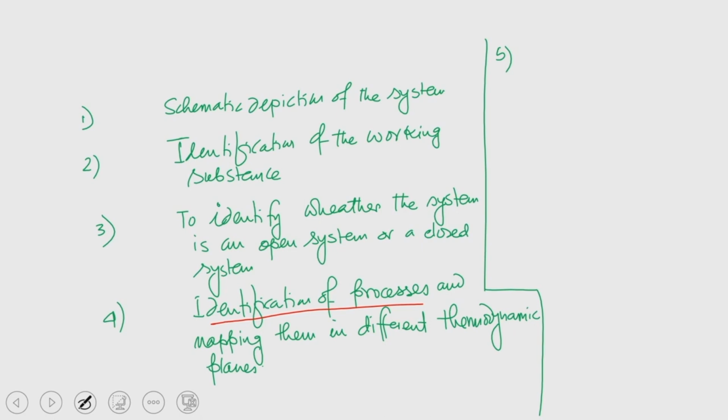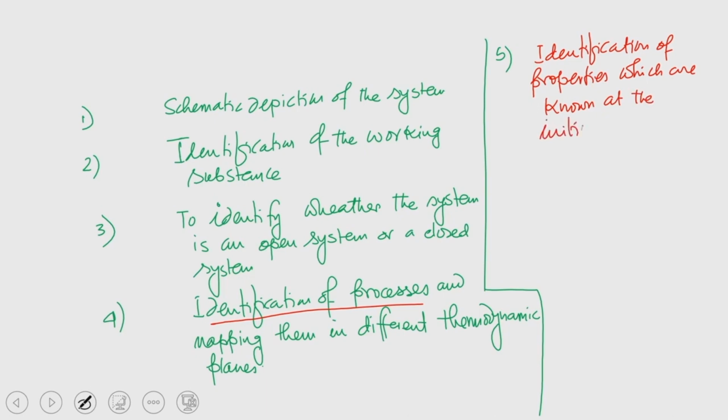So, basically this is identification of properties which are known at the initial and final states.